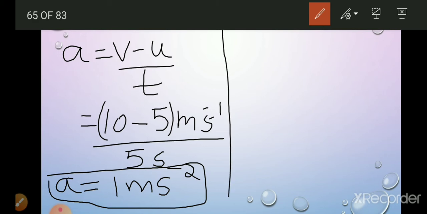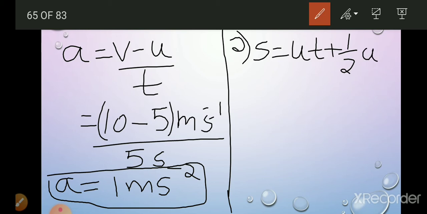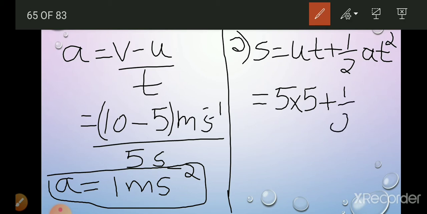Now next let us find the distance travelled. To find distance travelled, we are using the formula s is equal to ut plus half at square. If you substitute, u is equal to 5, time t is equal to 5 seconds, plus half into acceleration 1 and time t is 5. 5 square is 25.